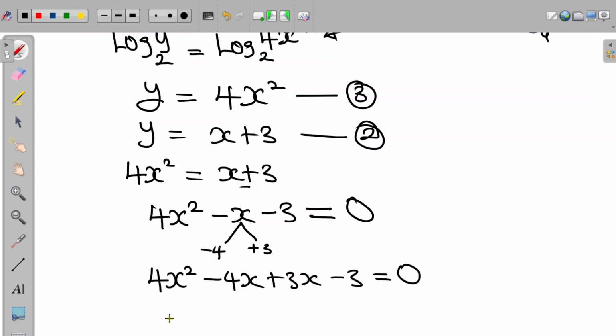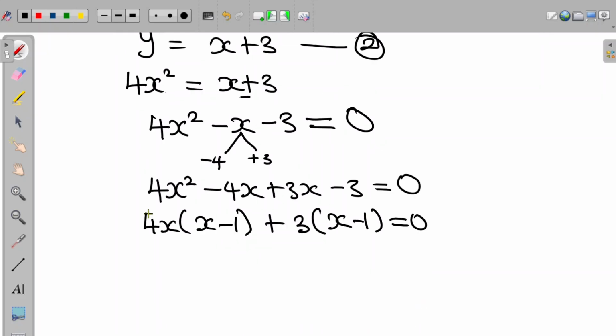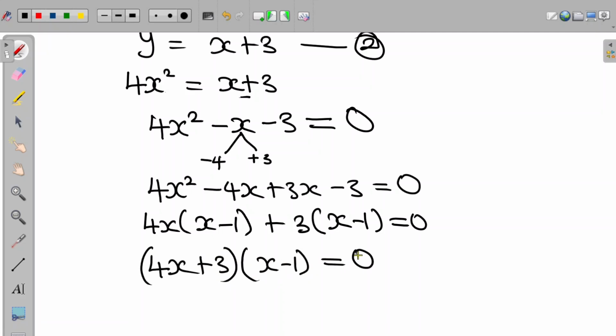So at this point, we can factorize. This becomes 4x, open bracket, x minus 1, close bracket, plus 3, open bracket, x minus 1, close bracket, equal to 0. So we have it that the equation now becomes 4x plus 3 multiplied by x minus 1 equal to 0.